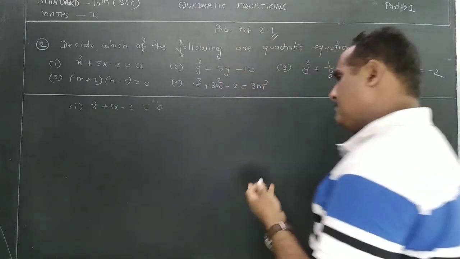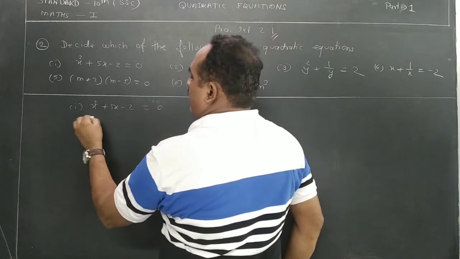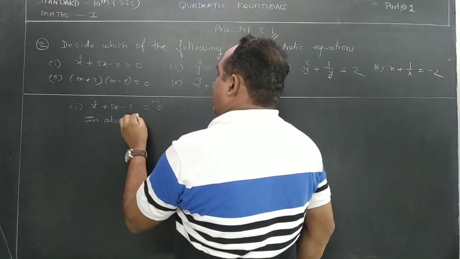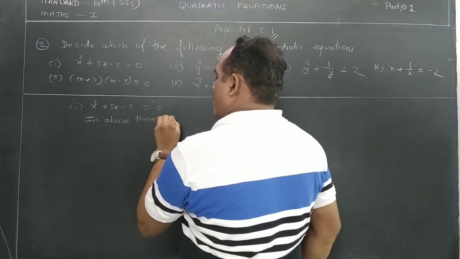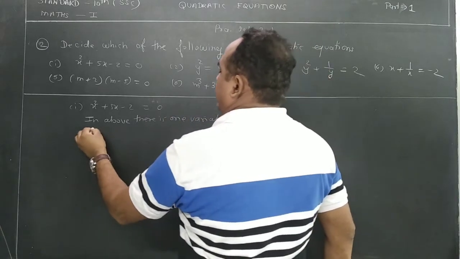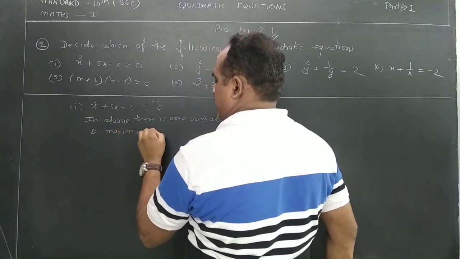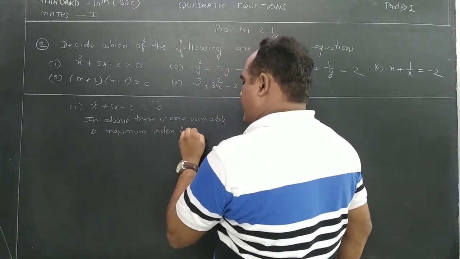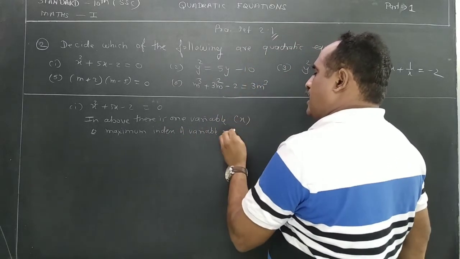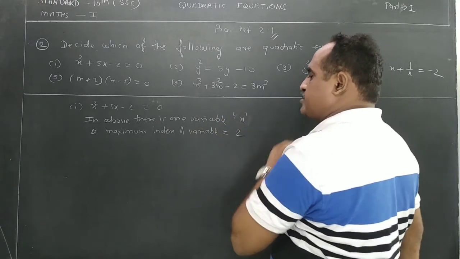So, in above equation, there is one variable and maximum index of variable, okay, maximum index is how much? 2.